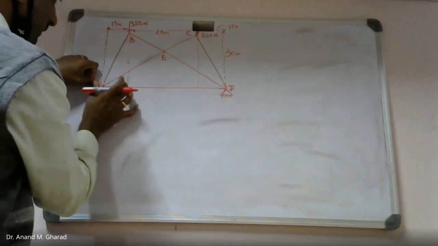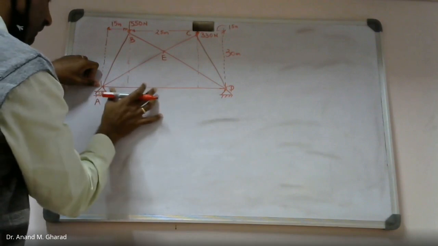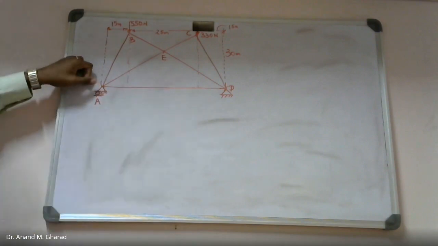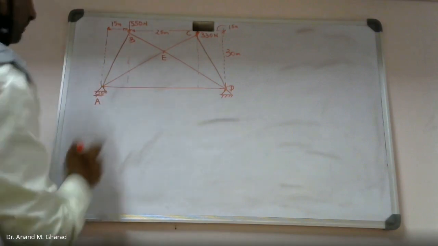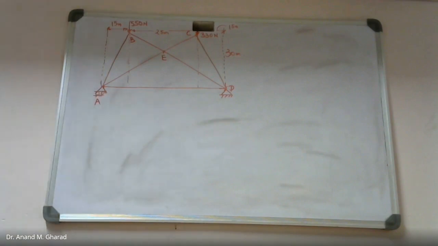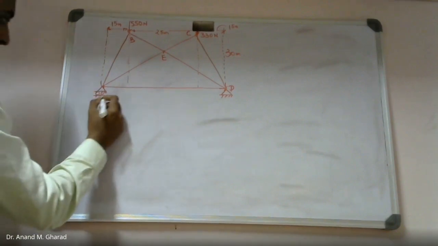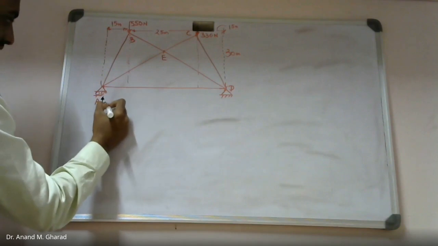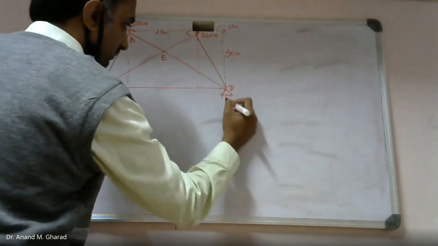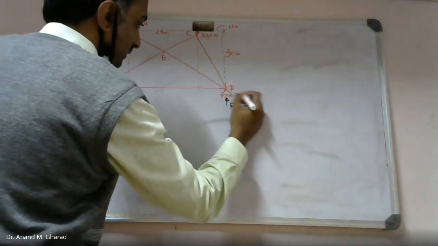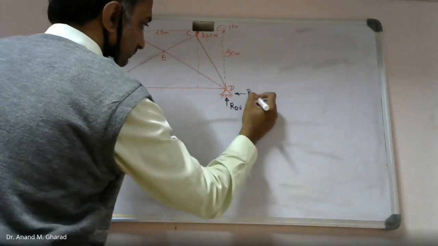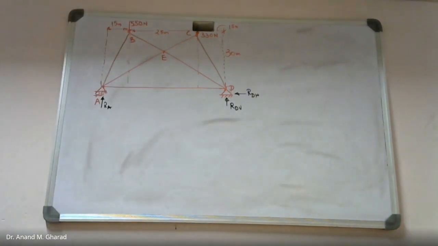Because member AD is related to these two joints. So therefore, first of all, you evaluate the reaction forces. This is reaction at A, reaction at RDB, and let me say RDH.